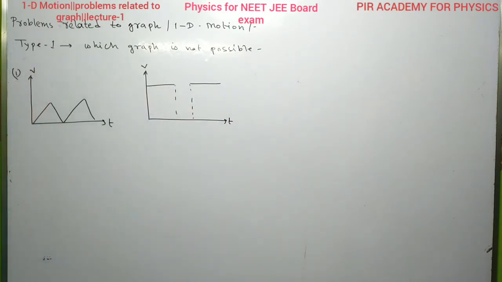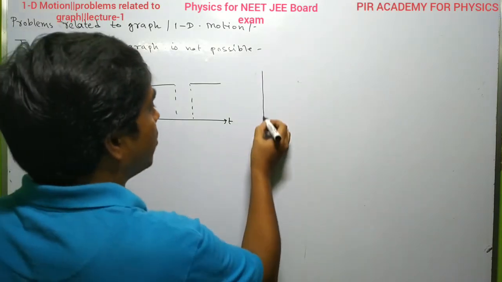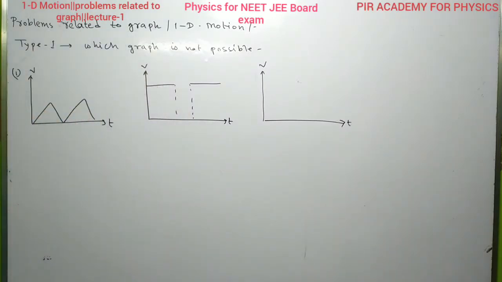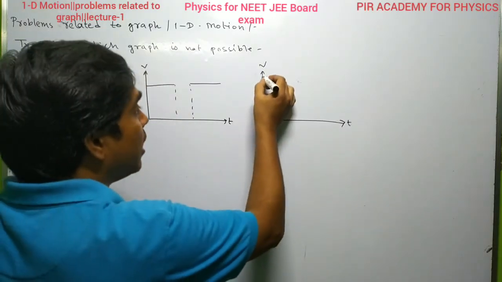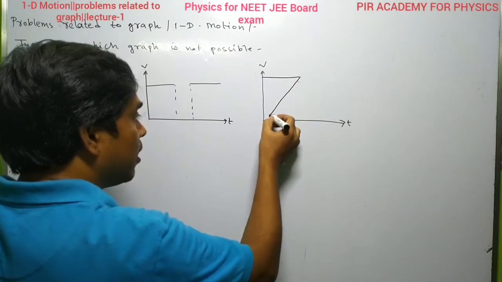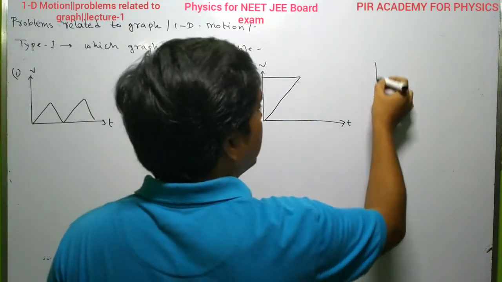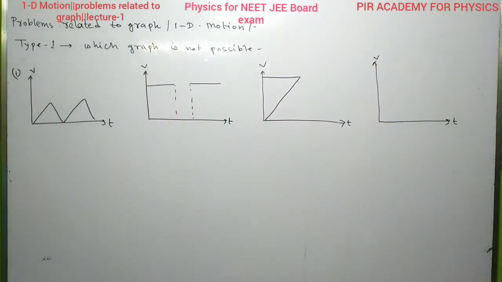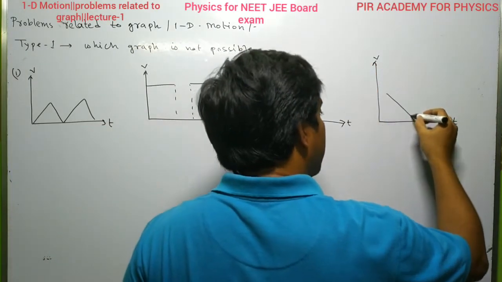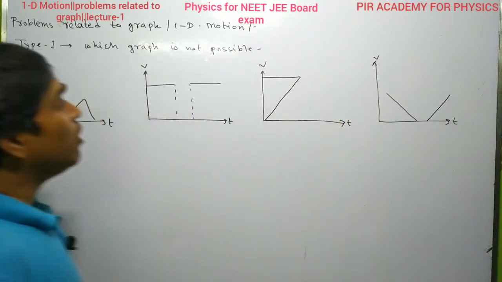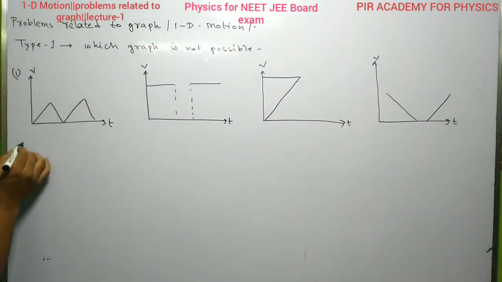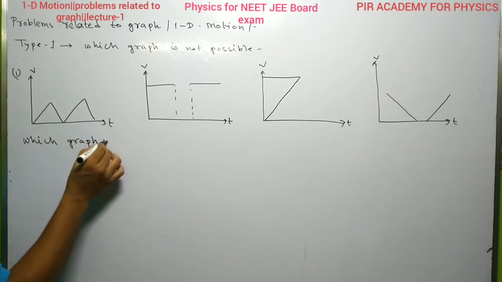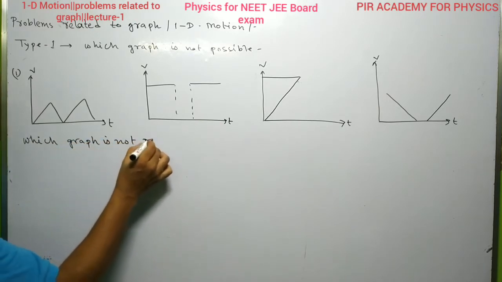Another graph is V and T, and it looks like this. And another, suppose T and V, and the curve is like this. Then you have to find out which graph is not possible.